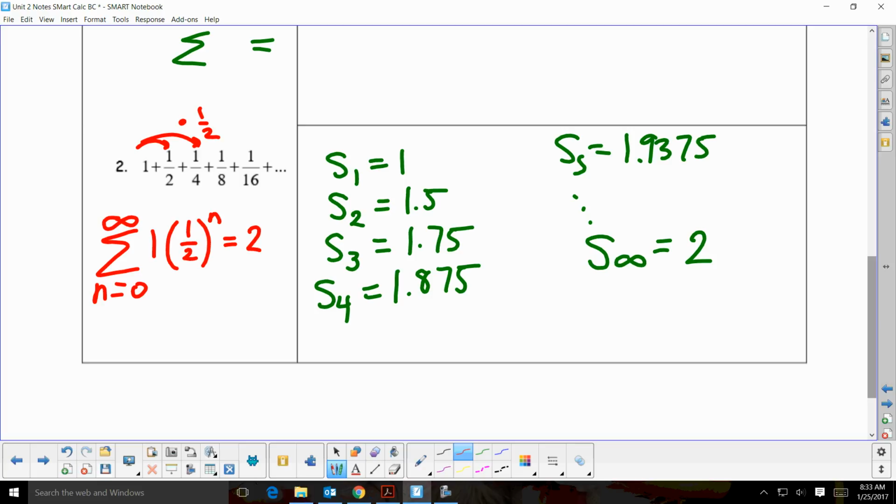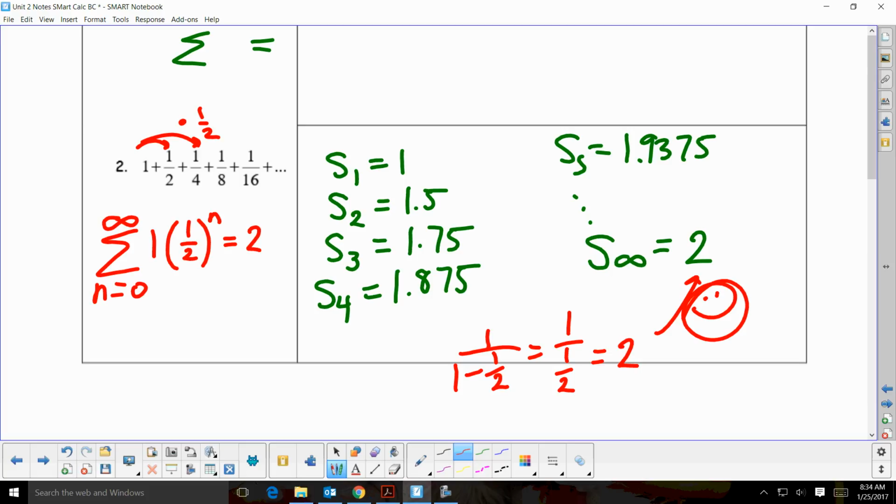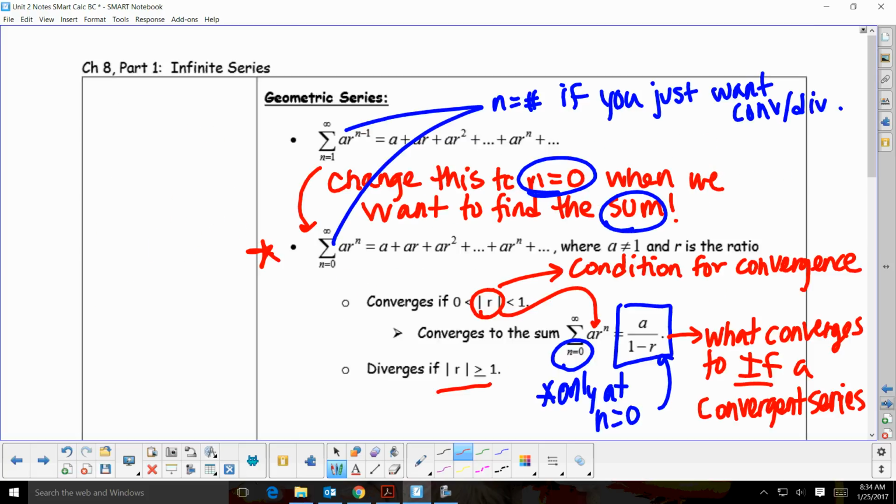Is this geometric? Okay, so it was A over 1 minus R, which is 1 over 1 half, which is, oh! Okay?